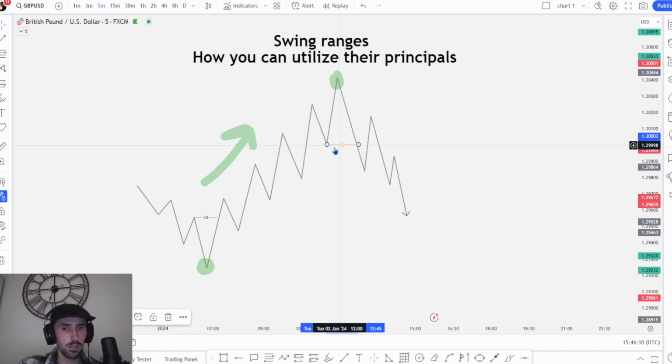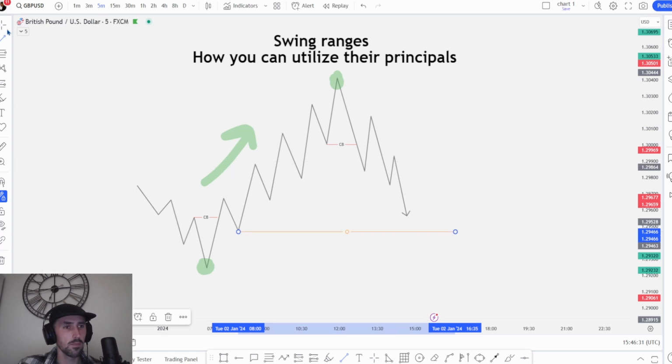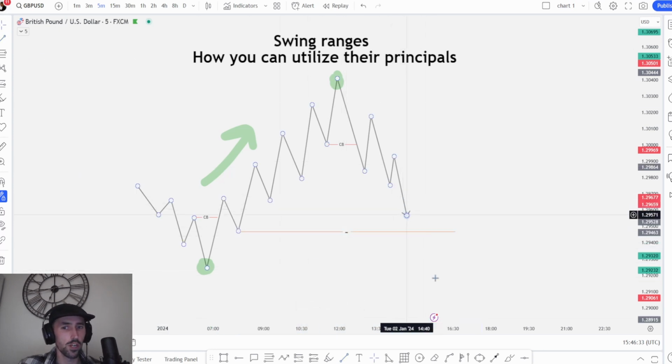So the counter breaks being the first break against the pre-established order flow, delivering a manipulation point, aka a swing high or a swing low. Now, as I stated earlier, we will generally look for a point of liquidity, for example, or a point of unmitigated price, which will deliver to us, hopefully, an order flow shift in the higher time frame direction.